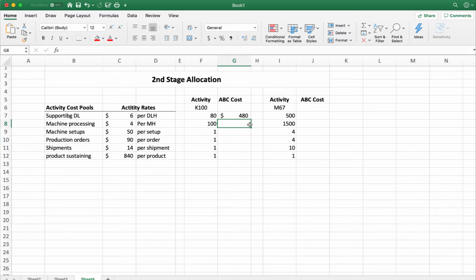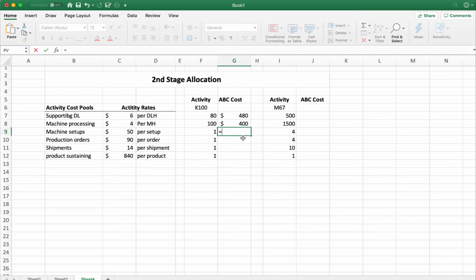We already figured that out to be $4 per hour. To make K100, we're using 100 machine hours at $4 per hour. We get $400. Same thing for machine setup.